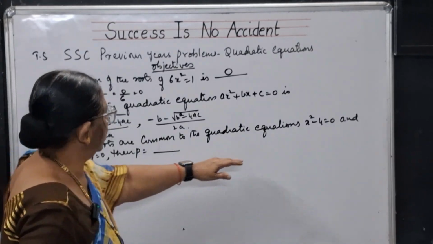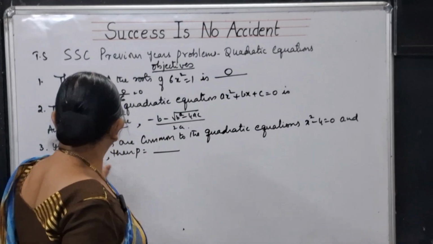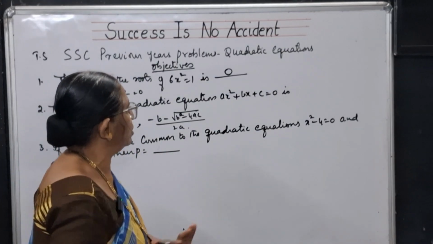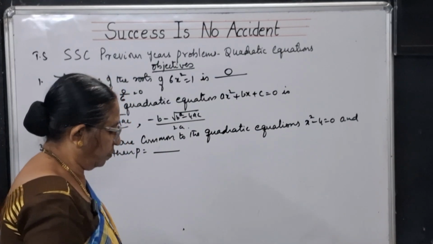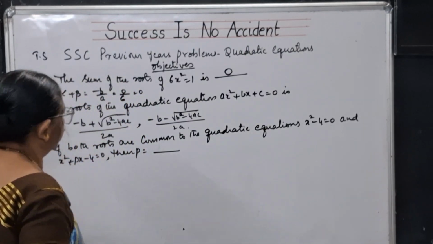So children, both of the quadratic equations have common roots. If the roots of the quadratic equations are common, what you can do?